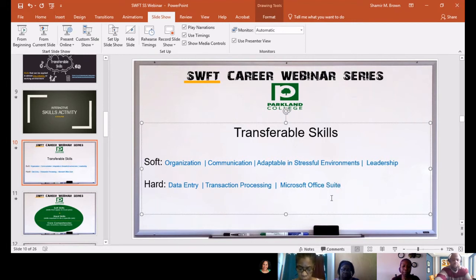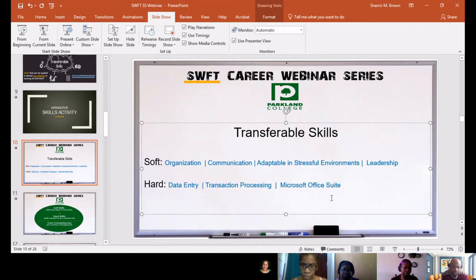Our third guest was not able to see the first part of the presentation, so I will not put her on the spot. But this is a breakdown of basically how we go about listing our soft and hard skills. Some of them may be transferable, like your ability to be organized, communicate, and adapt in stressful environments. Those are all very good transferable soft skills, as well as leadership.